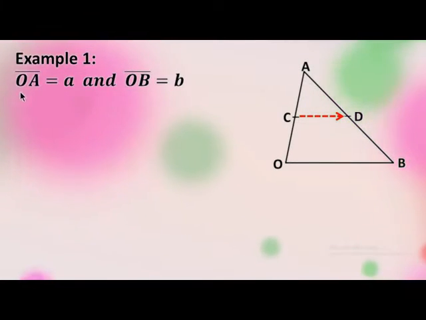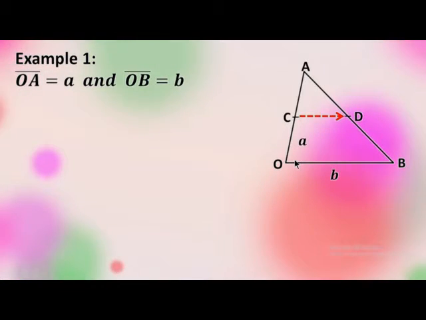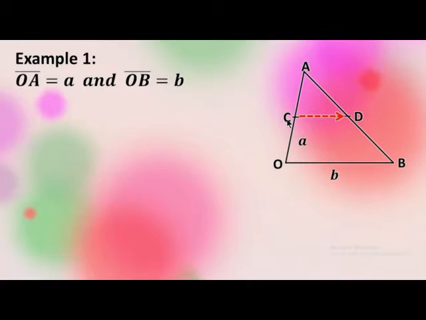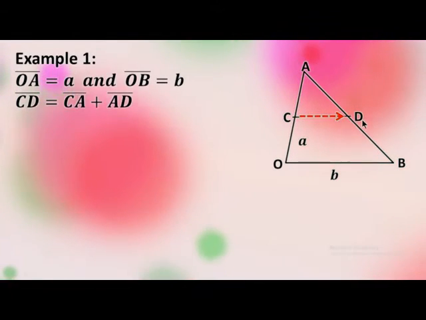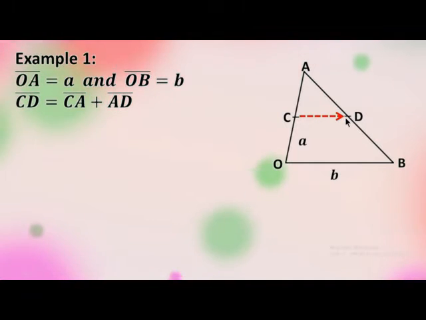Let AO equal vector A and OB equal vector B. CD is a vector resultant of CA plus AD.